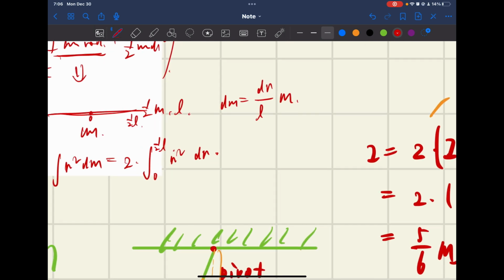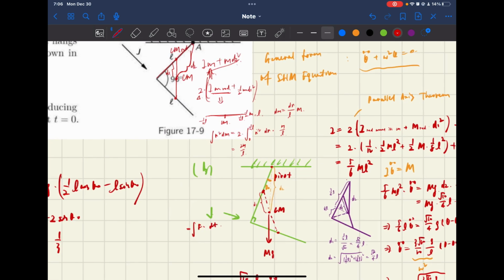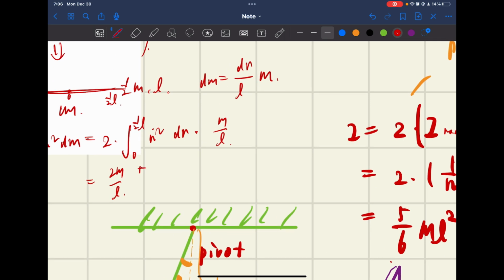So it will result in 2m over L times L cubed over 24, and this will cancel out.